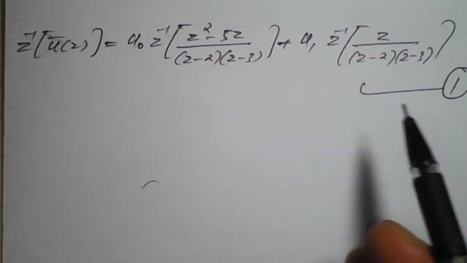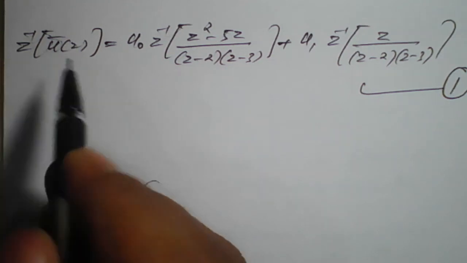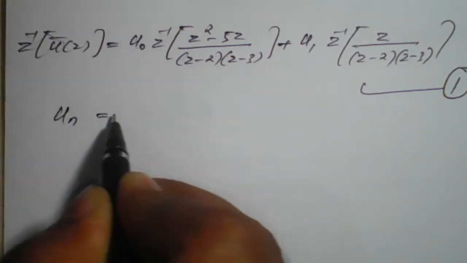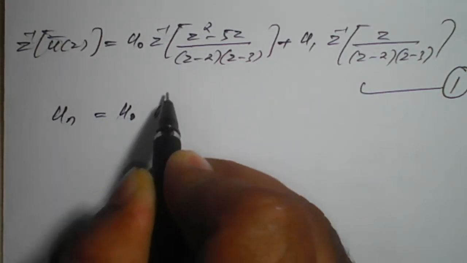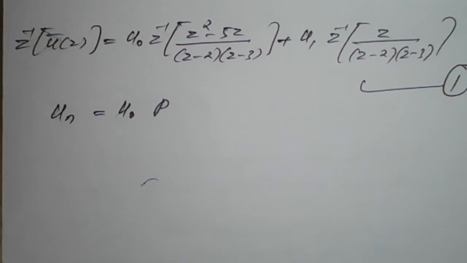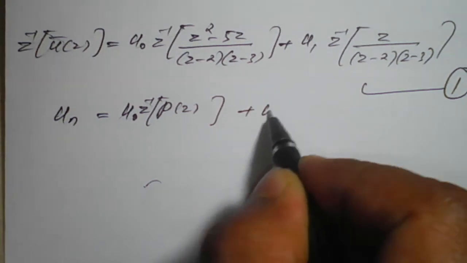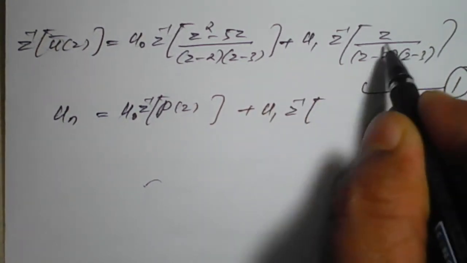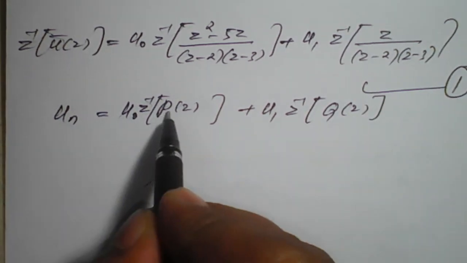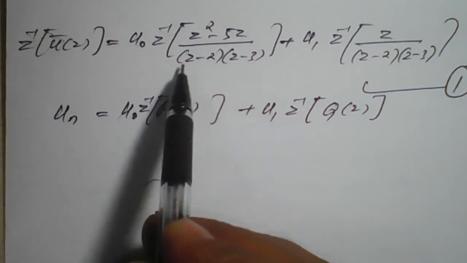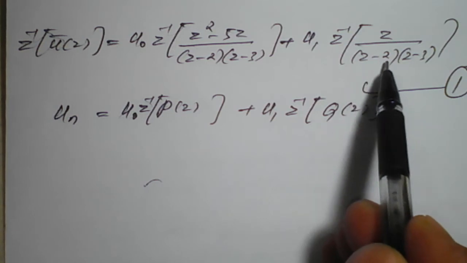So the left hand side, z inverse of u dash of z, is nothing but un, equal to u naught into z inverse of pz plus u1 into z inverse of qz, just for our simplification, where pz is nothing but z square minus 5z divided by z minus 2 into z minus 3, and qz is nothing but z divided by z minus 2 z minus 3.